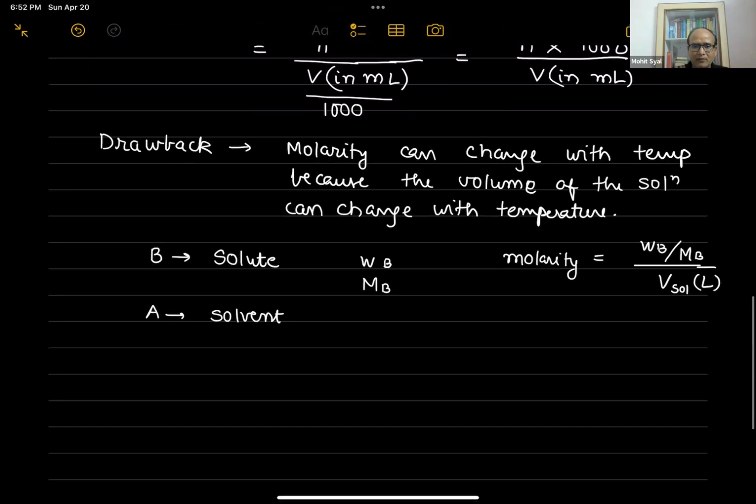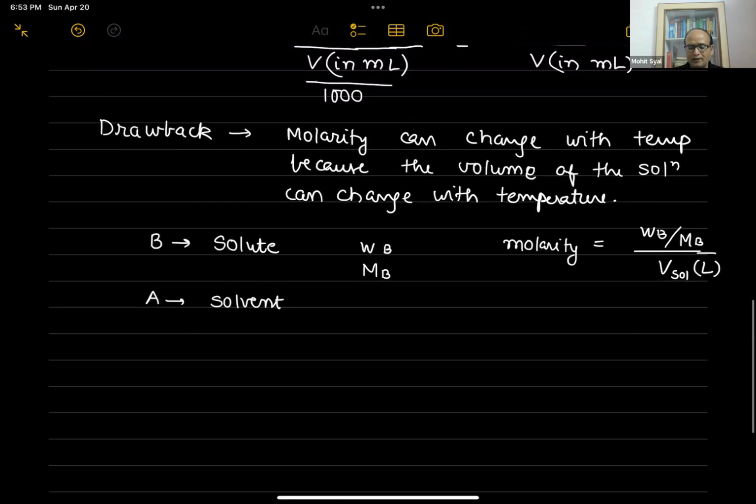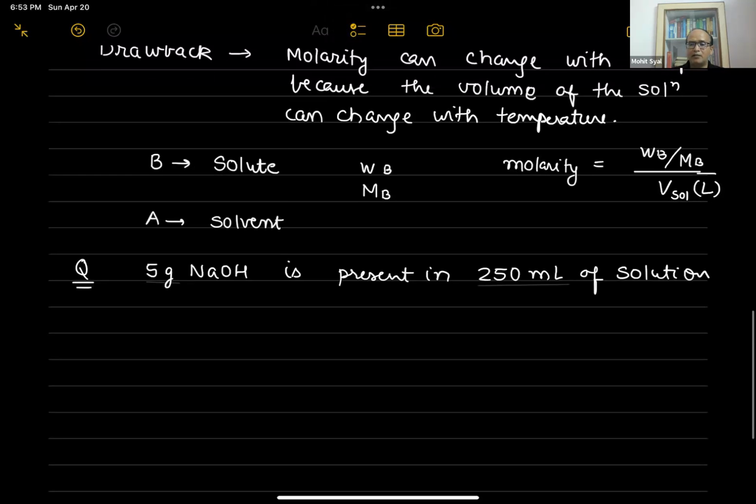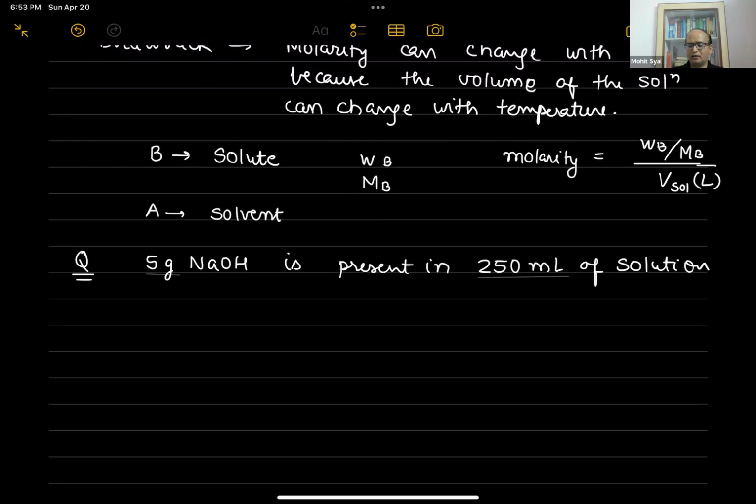Okay, so let's start with the numericals. For example, if 5 gram NaOH is present in 250 ml of solution, Aisha and Marwa, tell me what is the molarity of NaOH?